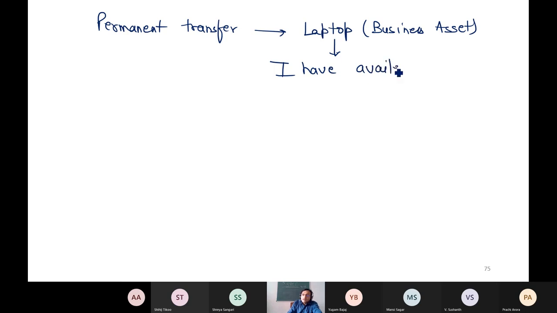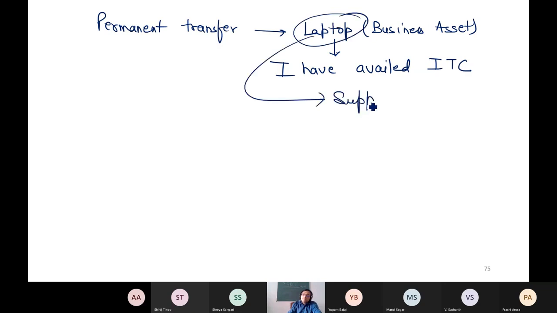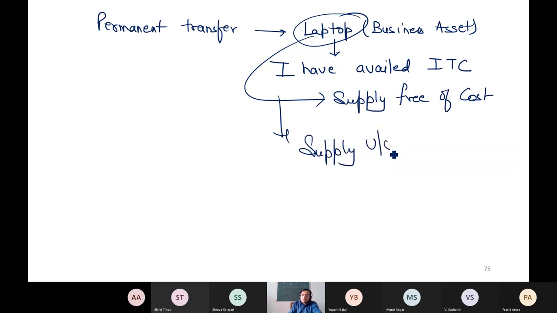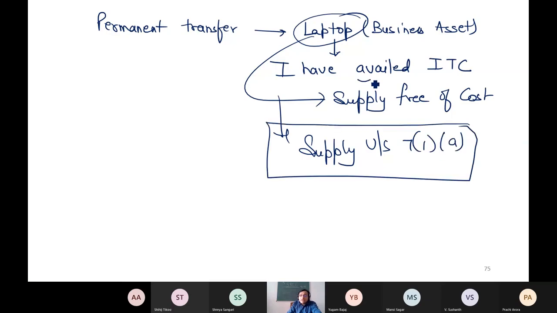That even if I supply this laptop free of cost, I have to treat it as supply. It has to be treated as supply under section 7(1)(a).